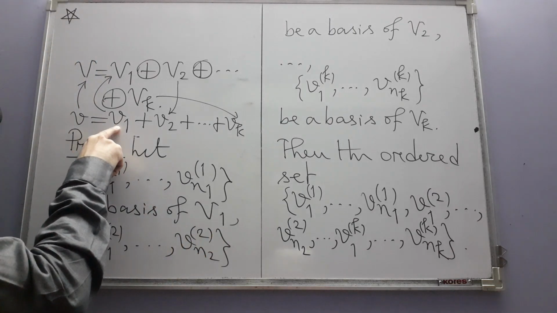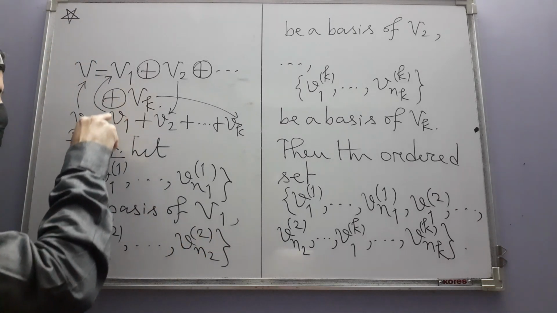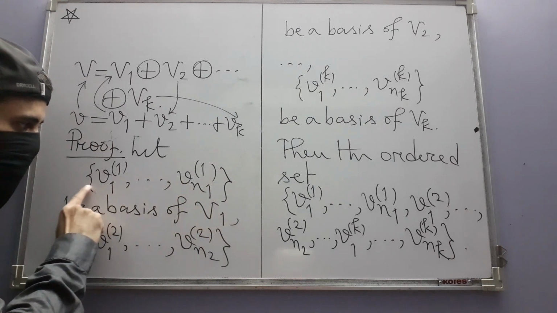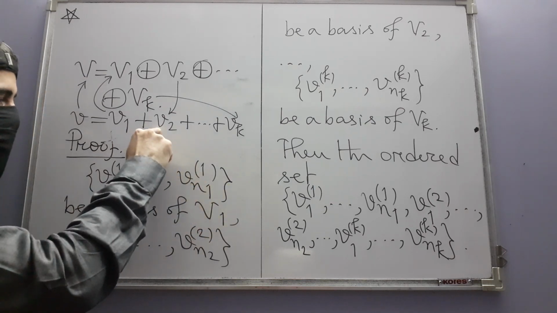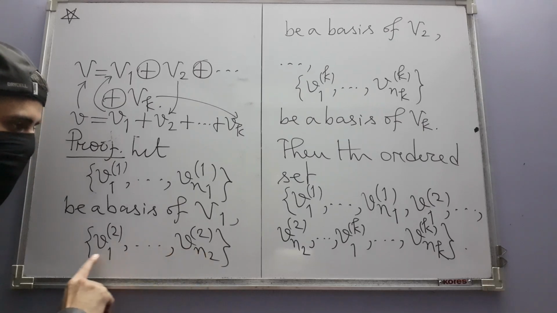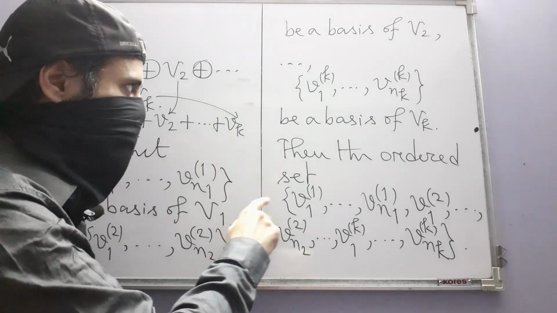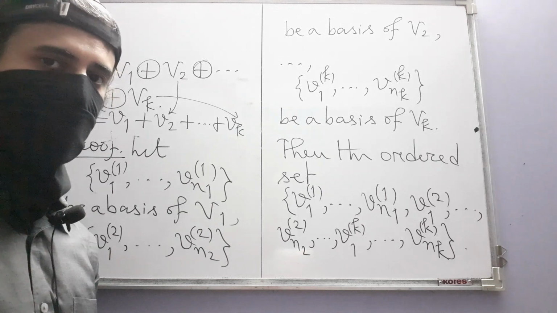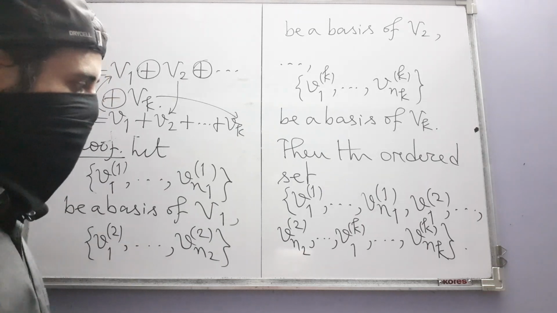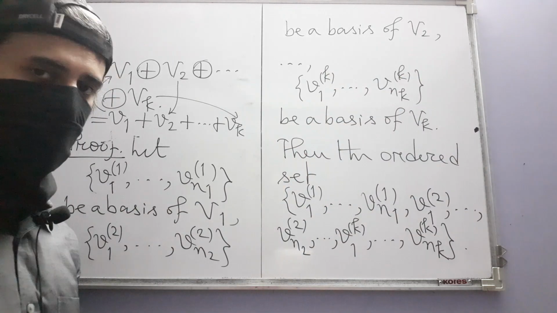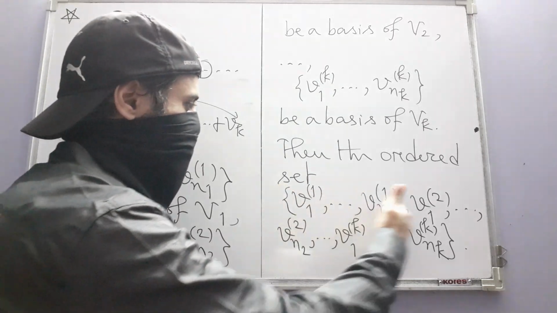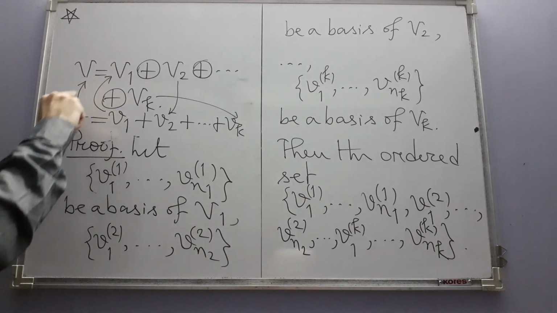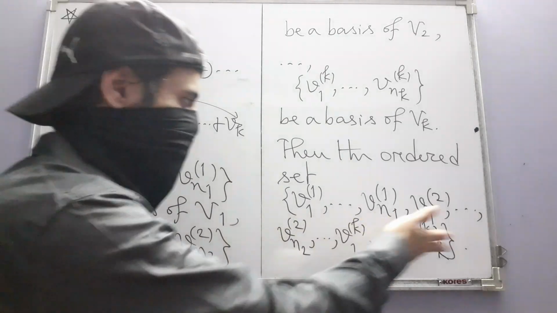Because V1 belongs to V, so V1 itself will be a linear combination of these vectors. V2 itself will be a linear combination of these vectors, and Vk will be a linear combination of these vectors. So I have essentially told you the proof itself. You combine those linear combinations, you get a linear combination of these vectors, and that's how you obtain any vector in V as a linear combination of these vectors.